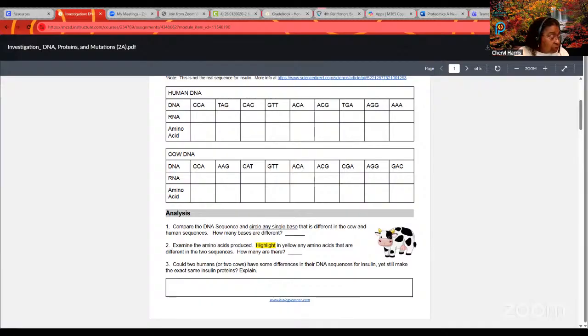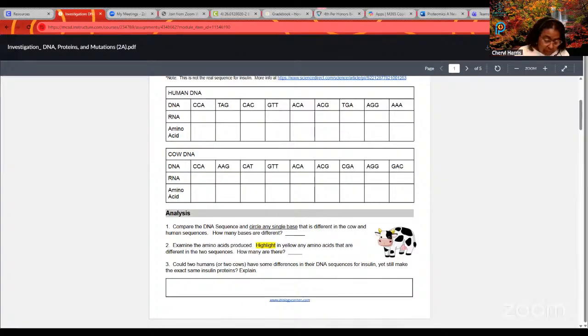Okay, so we should have had G, C, U, and that's alanine, which is different than the threonine. Okay, our next box should have translated to serine, which is the same as the one at the top.